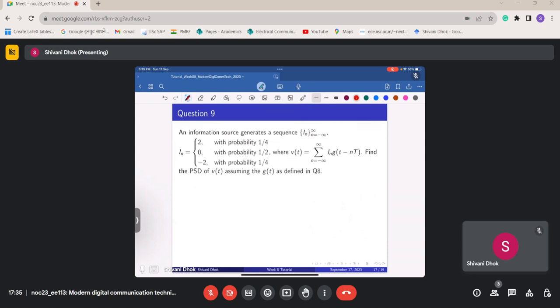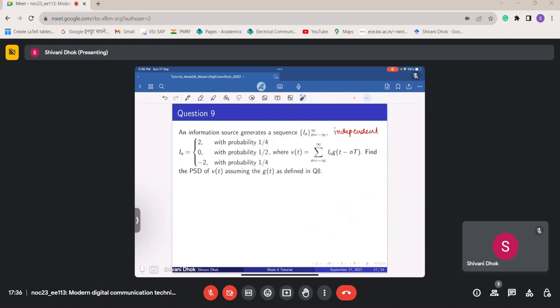Let me write it properly. This is independent. Now this I_n has some probability distribution. I_n takes three values, which are 2, 0, minus 2. It takes 2 with probability 1 by 4, 0 with probability 1 by 2, and minus 2 with probability 1 by 4.